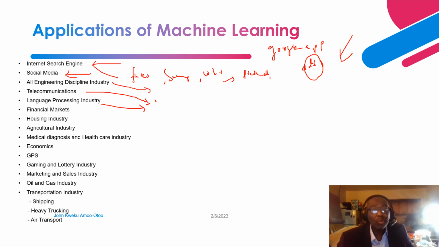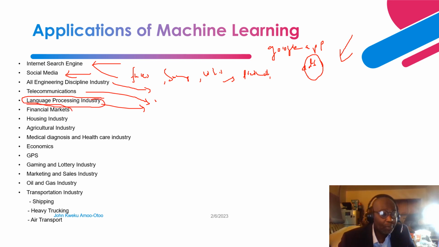If you want to learn a new language, let's say you speak into your cell phone or your computer for it to interpret, let's say you want to convert English to Portuguese or Italian or German, it uses machine learning algorithms.